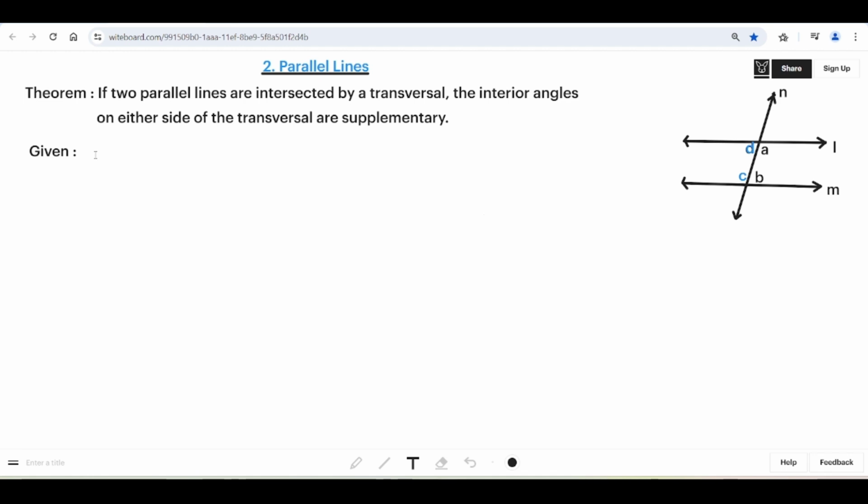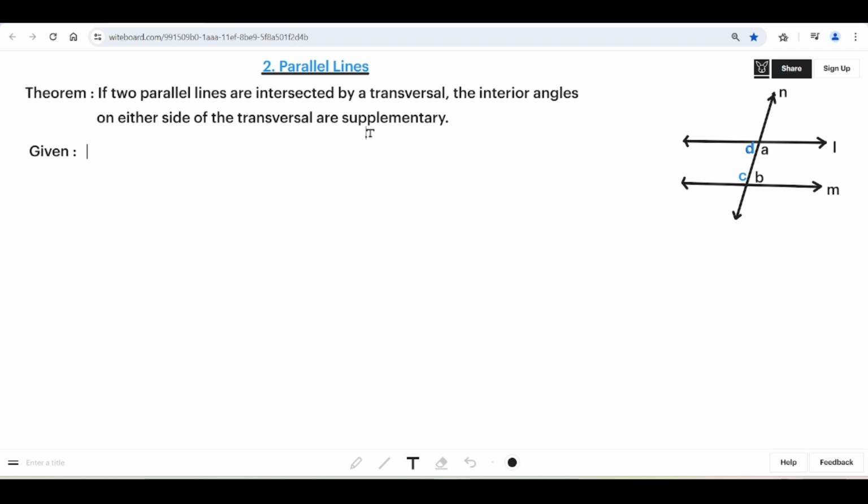Let's start with the first theorem of this chapter. If two parallel lines are intersected by a transversal, we have two parallel lines, line L and M, intersected by a transversal N. The interior angles formed on either side of the transversal are supplementary, meaning the interior angles formed on the same side are supplementary.